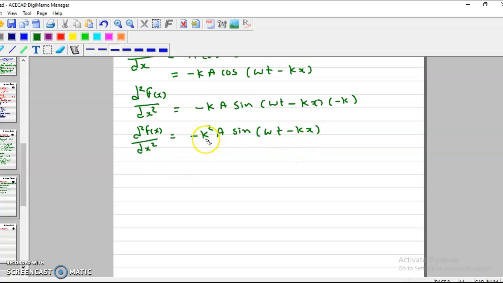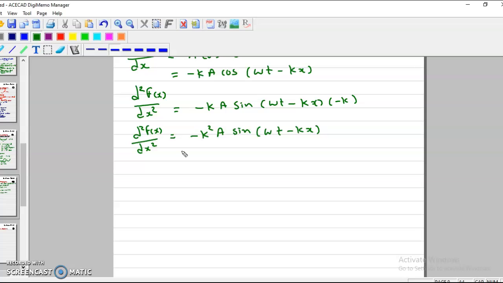This will remain minus because we have three negative signs. Sorry, here it should be minus ka, so it will be minus a cos omega t, and that is why we write minus k squared a sine(omega t minus kx).